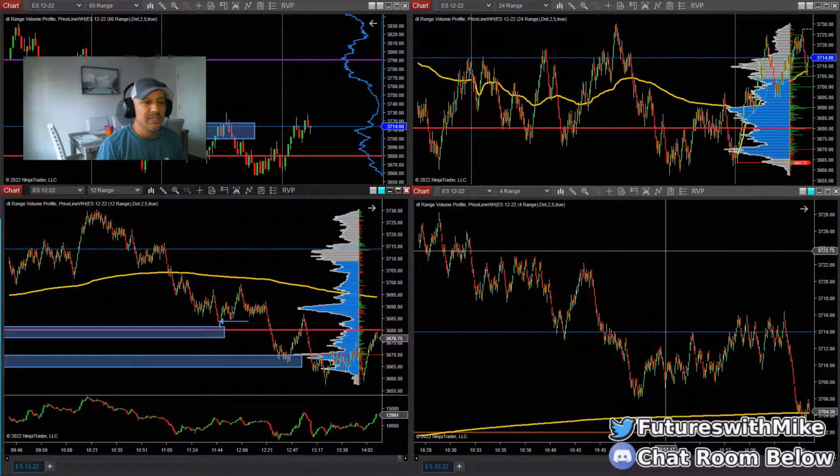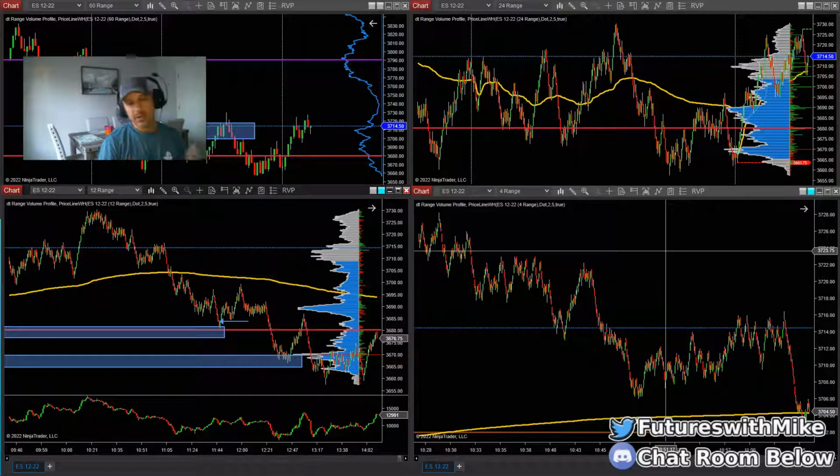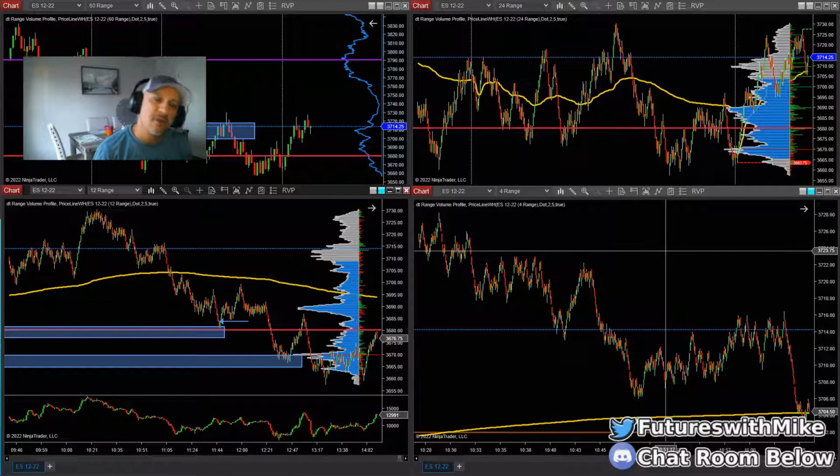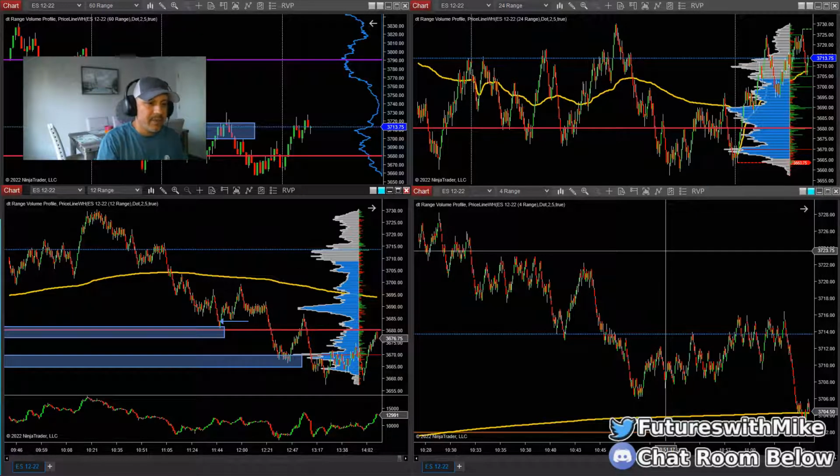I want to show you a simple strategy if you are a beginner trader, and maybe you're not even a beginner trader. Maybe you can just add this to your arsenal of strategies, other strategies that you may have, if you're maybe an experienced trader. But basically what I look for is supply and demand zones off a 12 range chart, say for instance, okay?